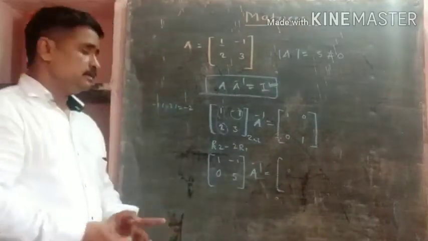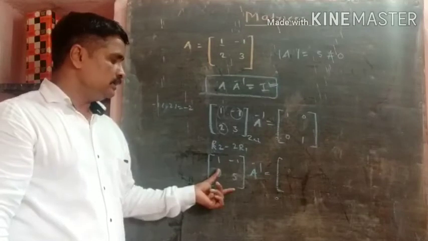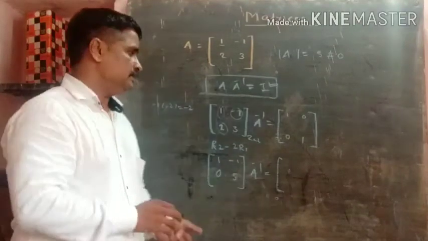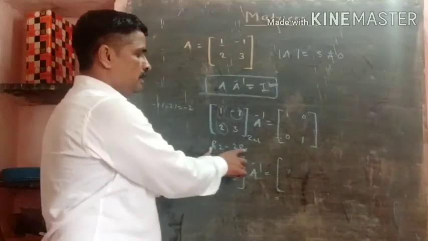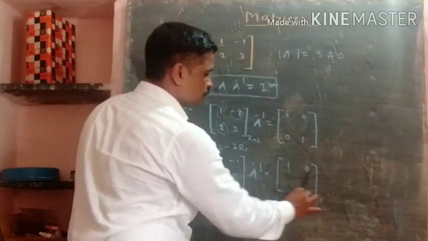Whatever operation we do on the left hand side, we apply the same procedure on the right hand side. So we use R2 minus 2R1: R1 stays as it is, 1 0.